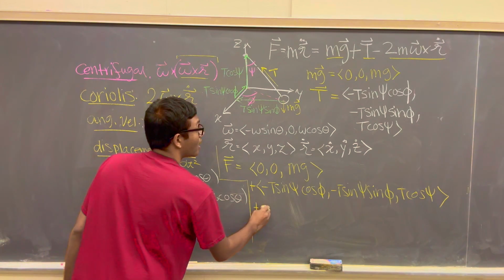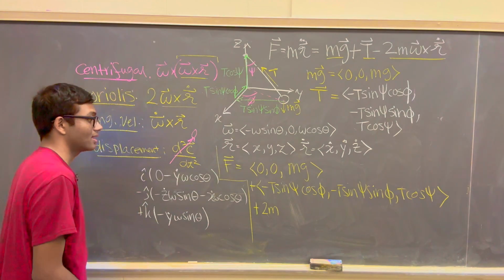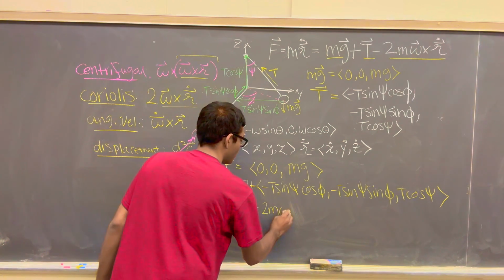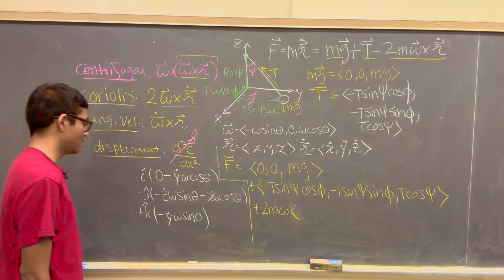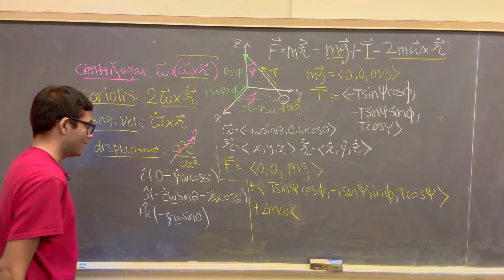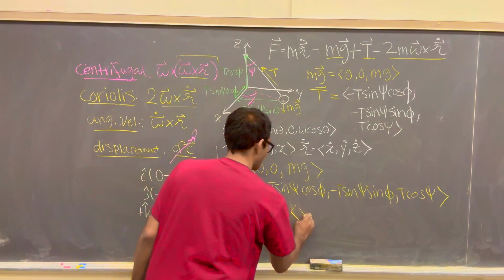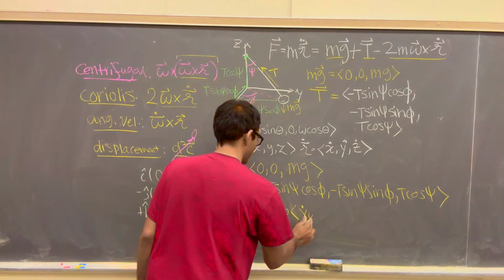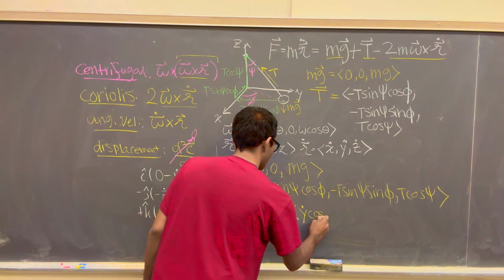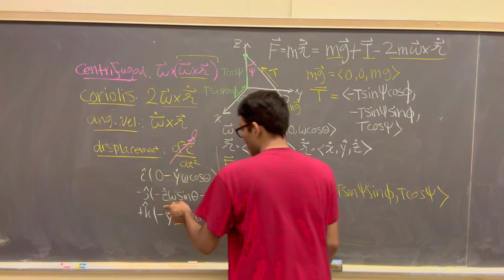So minus 2m. I know it's a minus, but I'm going to distribute out the minus sign in a moment. Let's factor out the omega, because there's an omega everywhere here. So after I distribute the minus sign, I'm going to have y dot omega cosine theta, comma, z dot.